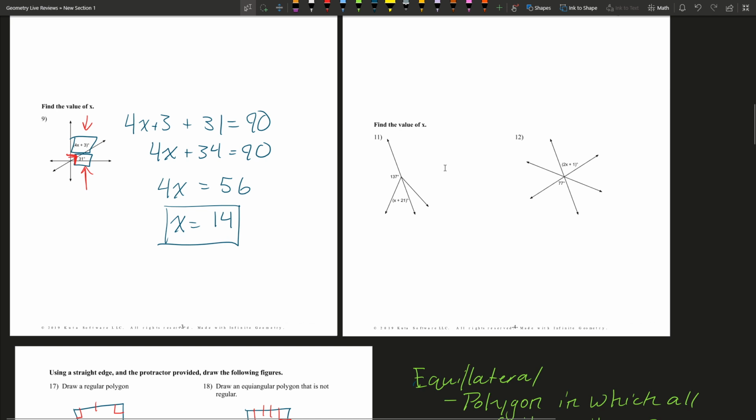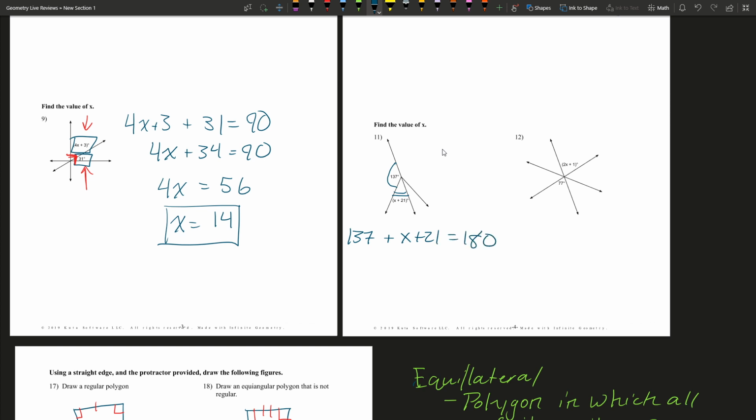So just starting where I left off, 11, find the value of x. This is kind of similar to number 9 and 10. 137, so this angle and this angle form a linear pair, and so they are supplementary. So 137 plus x plus 21 is equal to 180.